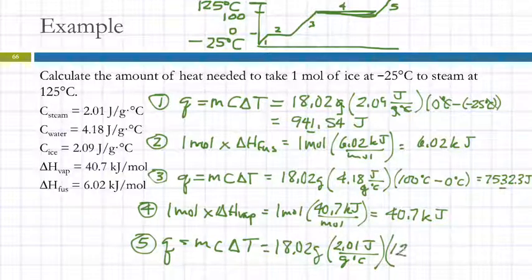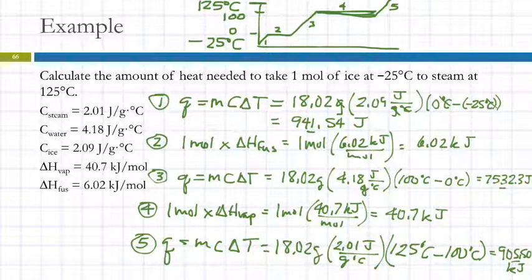So final minus initial, 125 minus 100. So 18.02 times 2.01 times 25, 905.5 kilojoules. Yes, thank you. Joules. I was just seeing if you're awake.